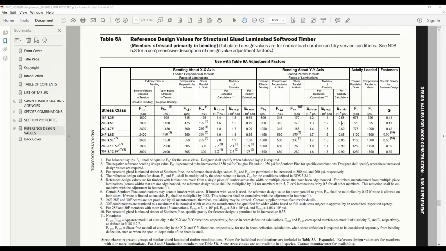The E sub x true is a shear-free moduli of elasticity, for use in beam deflection calculations when we don't need to consider shear deflections. If you have a really small span to depth ratio, we might not need to consider shear deformations in that deflection, so we could use that E sub x true for that calculation.